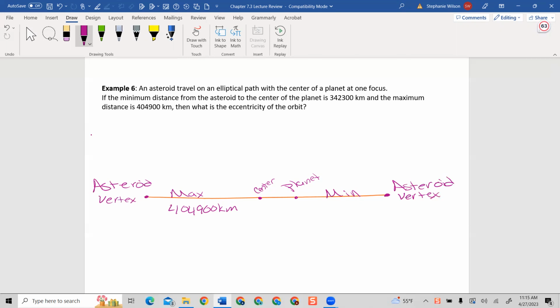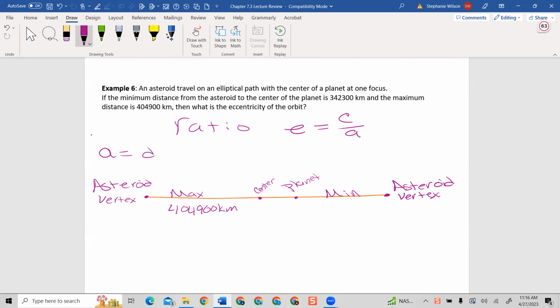All right. So remember, the eccentricity of the ellipse is found by the ratio, E is equal to C over A. Let me write it down. I think that might be easier.